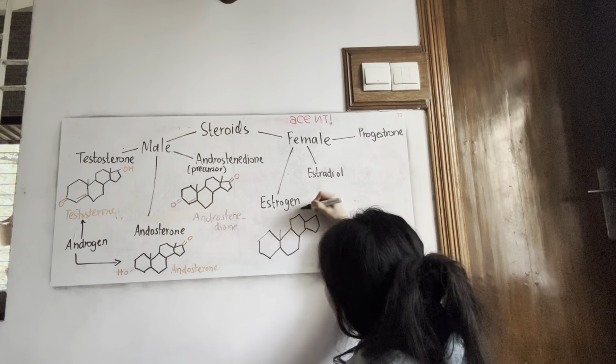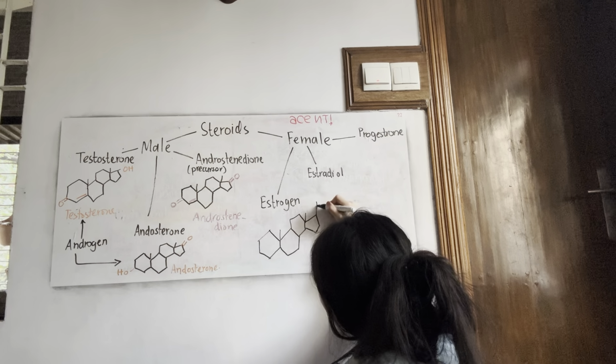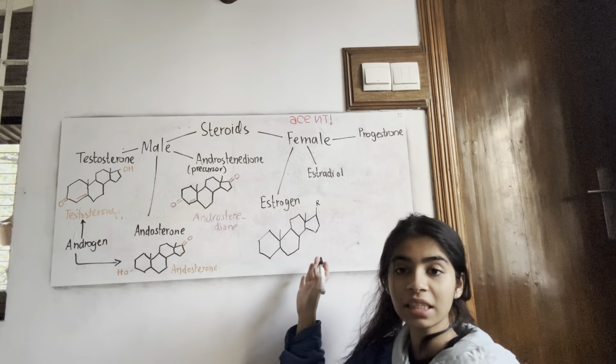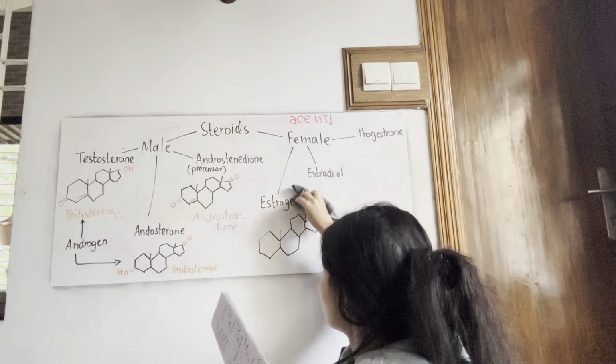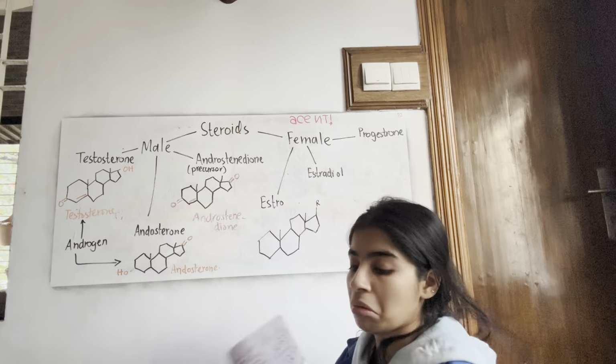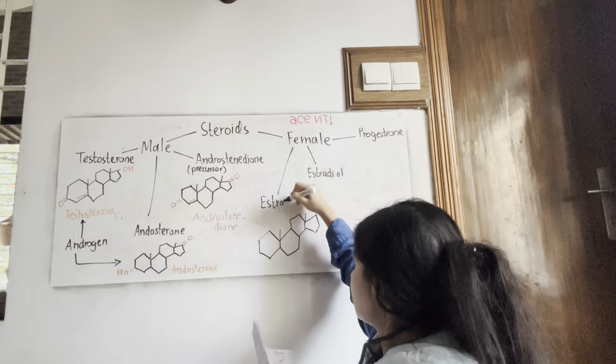We take the joints, and then we do the R. What is this? Steroid. So now, what are we gonna do for this? Oh, this is not estradiol. Oh no, this is estrone. I'm so sorry. This is estrone. I'll get to the estrogen later. I'm gonna use blue.